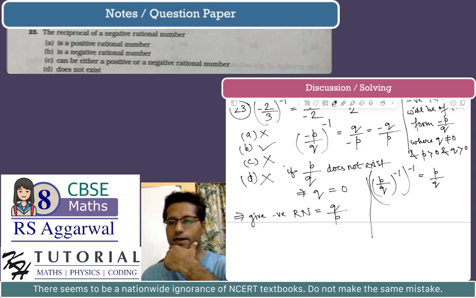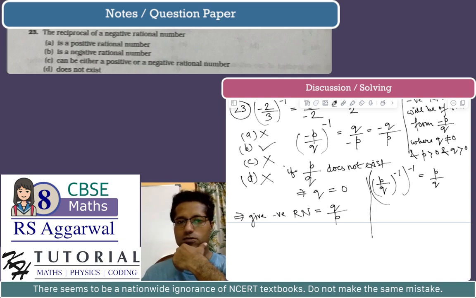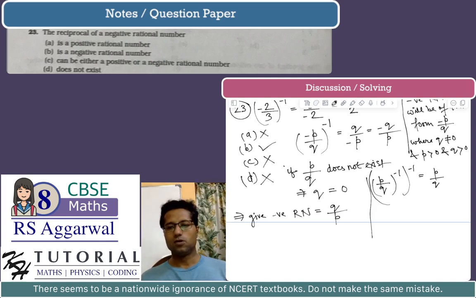So the reciprocal of the reciprocal of a rational number is the rational number itself. So we have assumed that we are trying to verify whether D, does not exist, can be true or not. Let's say the reciprocal of that negative rational number does not exist. Let's say the reciprocal becomes p by q, it has to be a rational number. Now if p by q does not exist, it means that q has to be 0. So this means the original rational number whose reciprocal is p by q will be q by p.